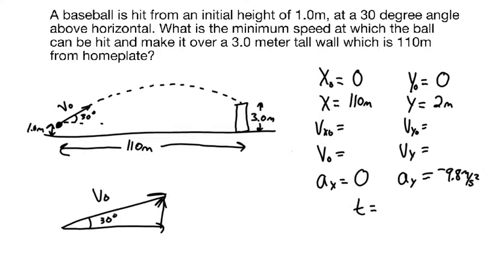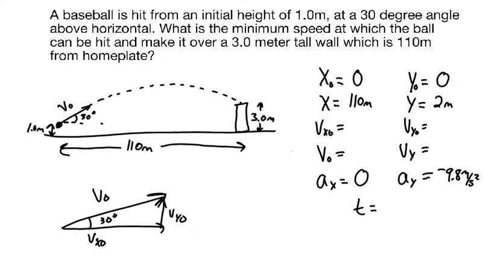We know that's 30 degrees, and we know that this is Vx naught and Vy naught. And even though we don't have values to put in there, let's go ahead and write an expression for Vx naught and for Vy naught, because that's going to end up being useful here.